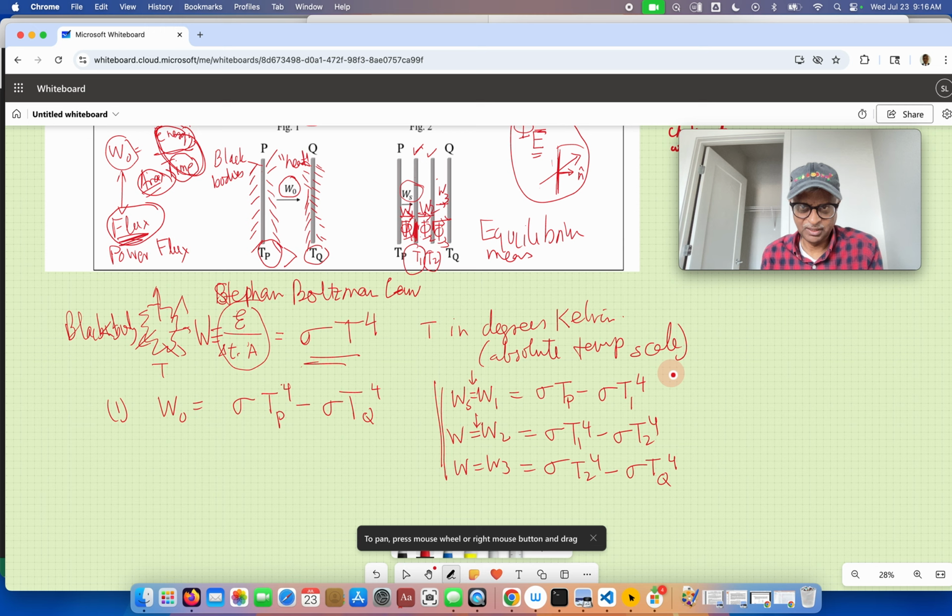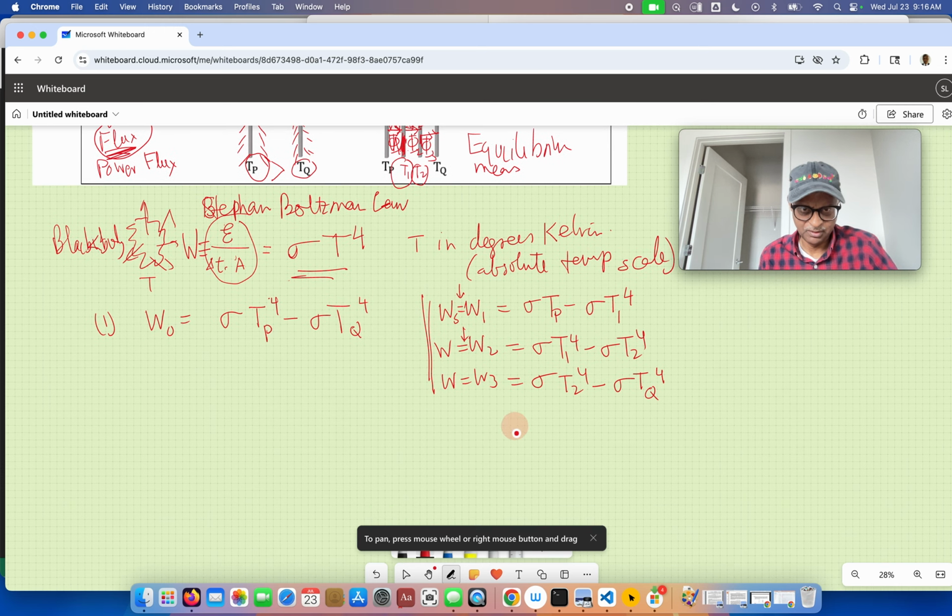Now if I add these up, they are all Ws because of equilibrium. So I get 3 Ws equals sigma Tp to the power 4 minus sigma Tq to the power 4, as the intermediate terms cancel.